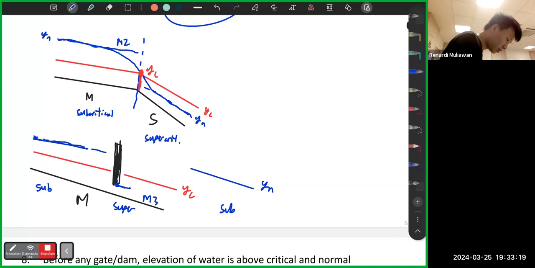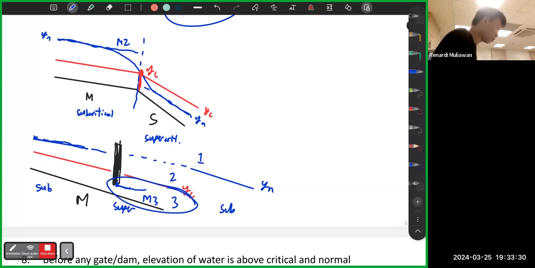Why is it M3? Because it's below YC. The region is region 1, region 2, region 3. Since this is the one below, it's region 3, so it's M3.